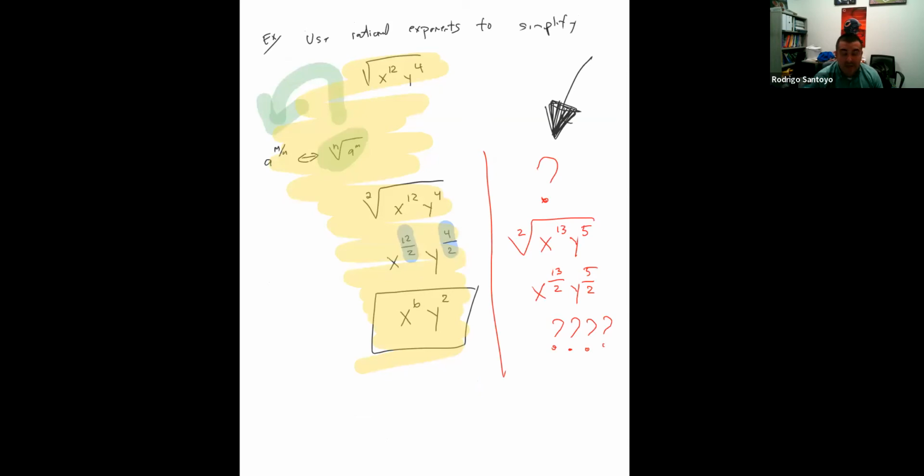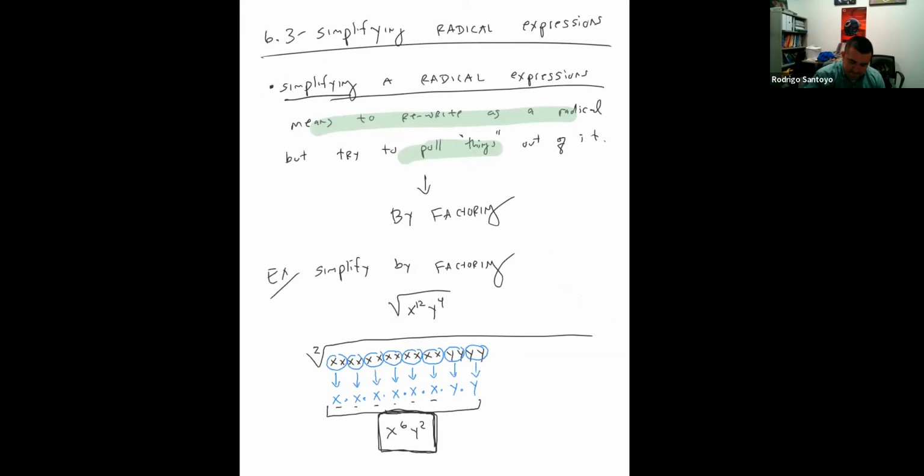Let's take a look at that example: the square root of x to the power of 13, y to the power of 5.